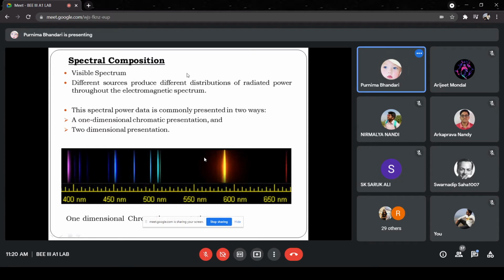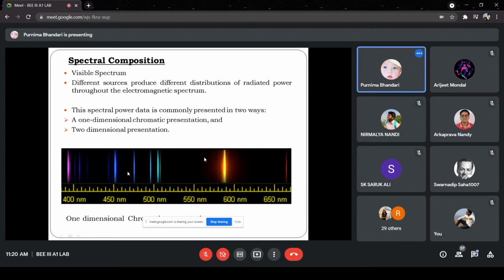Spectral composition: different sources produce different distributions of radiated power throughout the electromagnetic spectrum. You see there are lines of different wavelengths, and wavelength represents different colors. You can say red color, or you can just mark it as a wavelength.